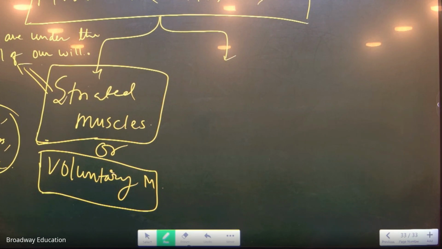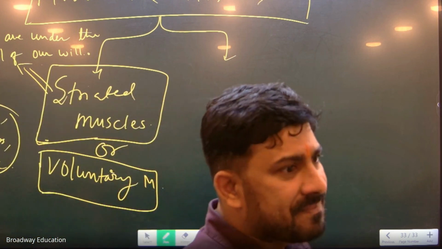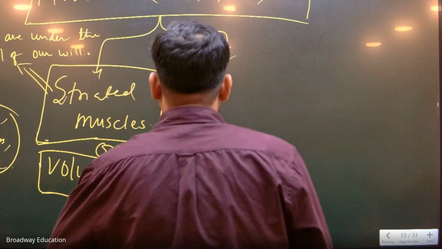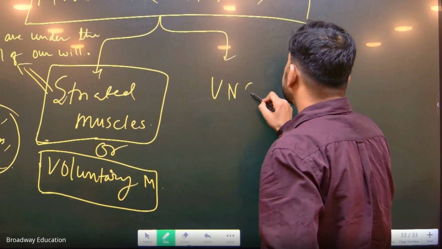Heart muscles. Say the heart: stop, stop for 10 minutes, then you start. Will it happen? No. Intestinal muscles: will it happen? No. So all these types of muscles which are not under the control of our will are called unstriated muscles. Is this part clear?